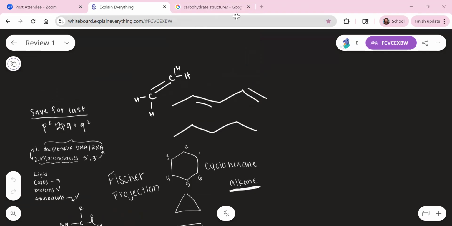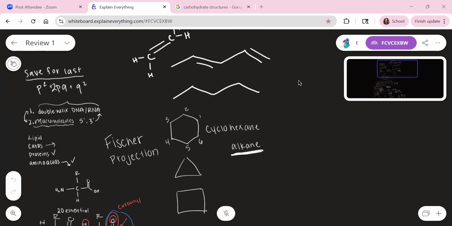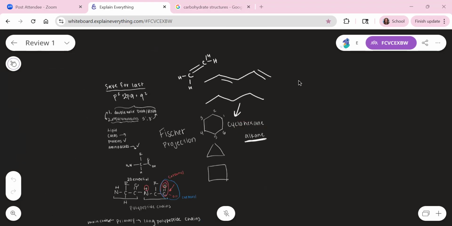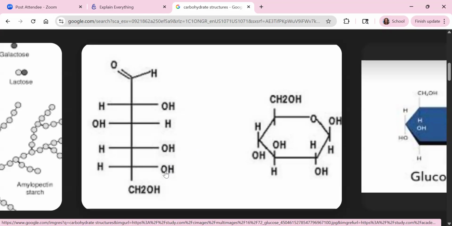What was your question? Give me one sec. I'm just trying to hide the meeting controls so I can see. Okay. So does that make sense for how we get something cyclic? Yeah. Okay, for naming. So basically what happens is that we have this oxygen right here that will attack this bond right here, and then we'll get something that looks like this.